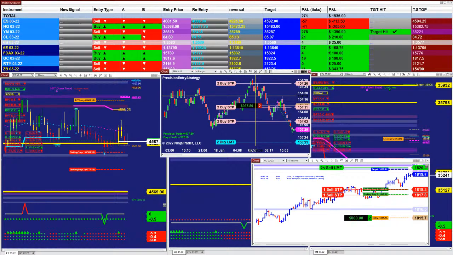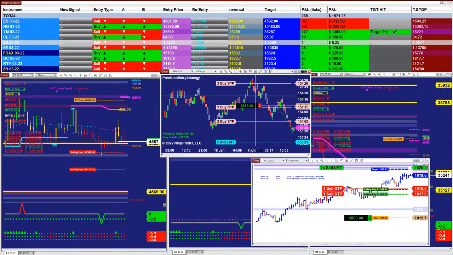But if you really want to pinpoint the ES, the ES is the indication for the whole market, the oxygen for the whole market. If you understand where the ES is going, you know where the Nasdaq is going, you know where everything is going.